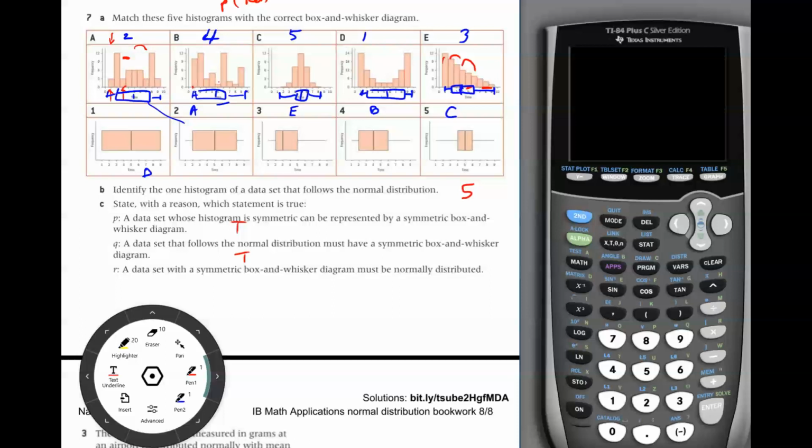Normal distribution has a bump in the middle. It's bell-shaped. So no, it's not true that just because a box and whisker diagram is symmetric, it corresponds to a distribution that is normally distributed. Even though normal distributions are symmetric, not all symmetric distributions are normally distributed, right?